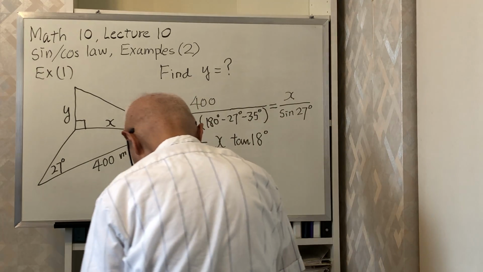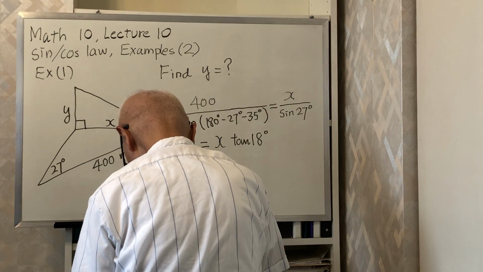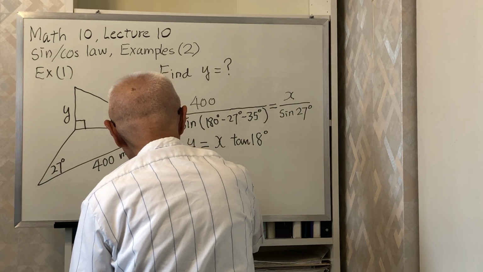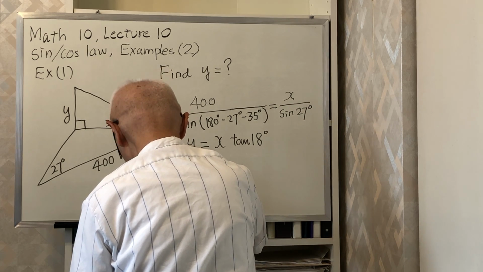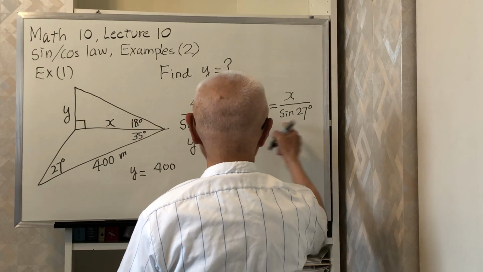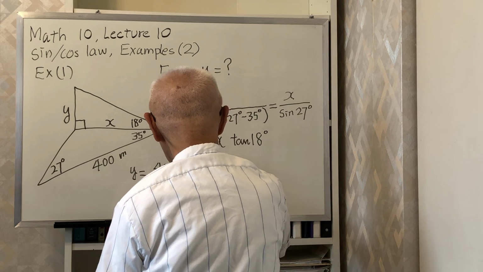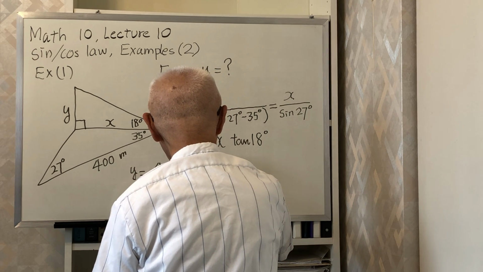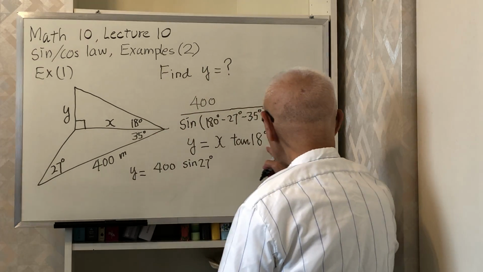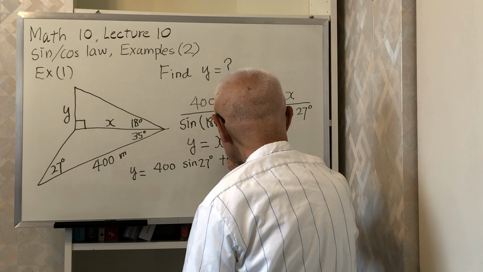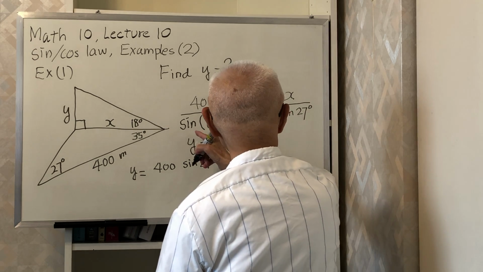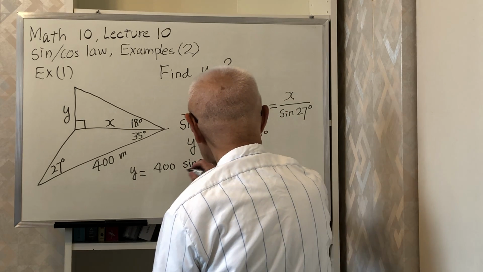X is 400 multiplied by this, and then followed by tangent 18, divided by this.